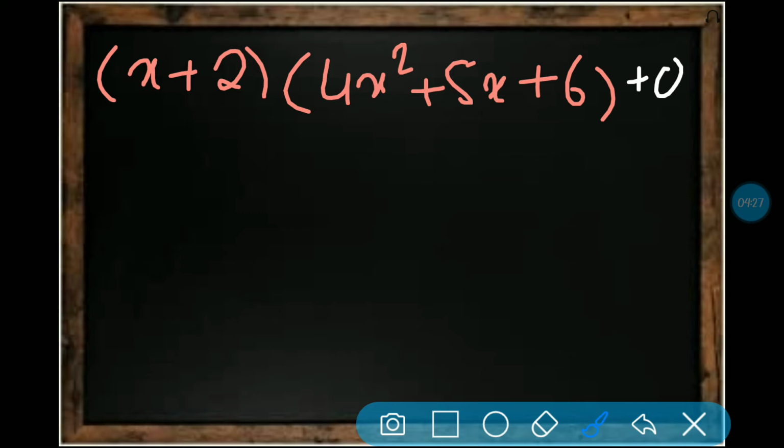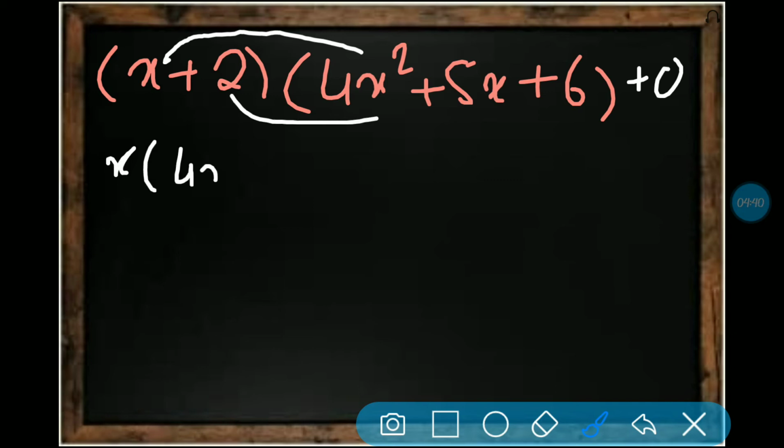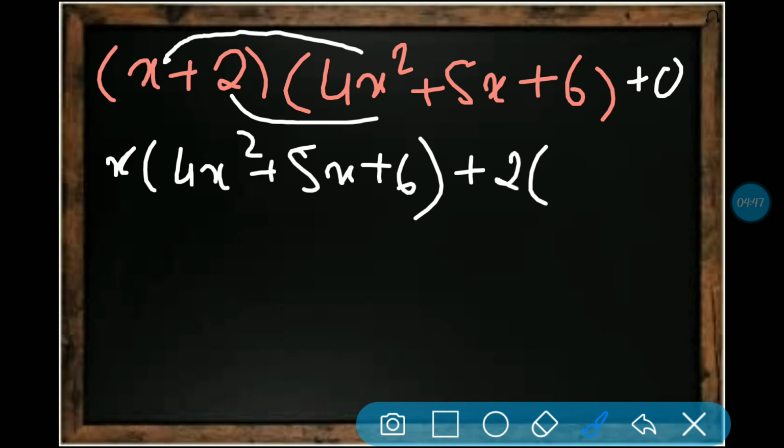Okay. Then now what we have to do, we will multiply this. How to multiply? First is x into the full term, then 2 into the full term. Okay, so let's do that. So x into 4x square plus 5x plus 6 plus 2 into 4x square plus 5x plus 6.